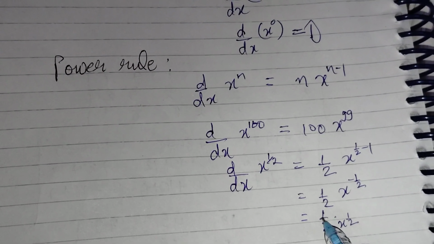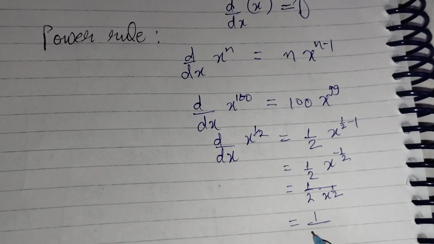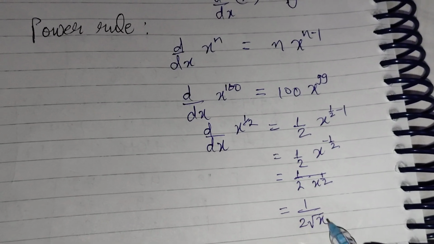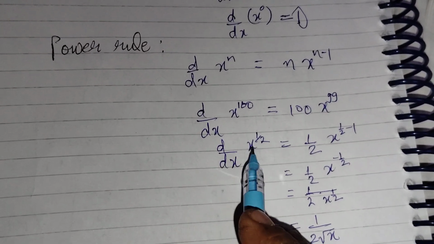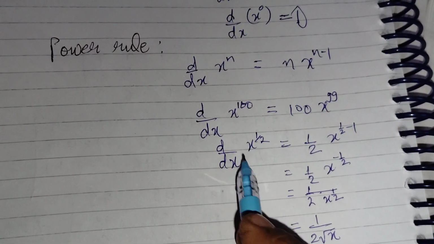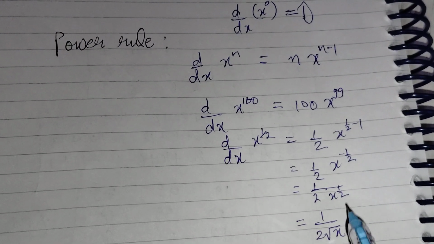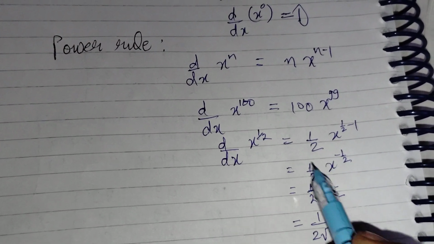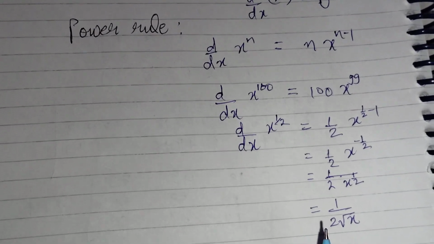So it is written as 1 upon 2 x power 1 by 2, or it is further written as 1 upon 2 under root x. Under root x means power 1 by 2. So x power 1 by 2 means under root x, and the differentiation of under root x is 1 upon 2 under root x. This is also called the power rule.